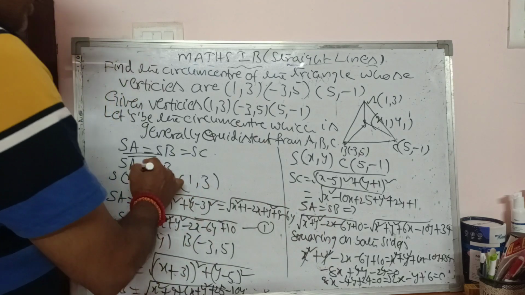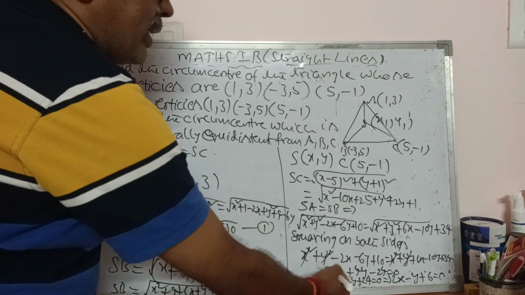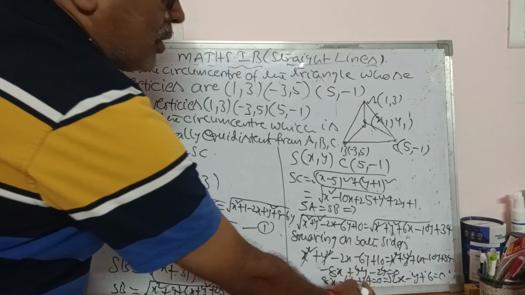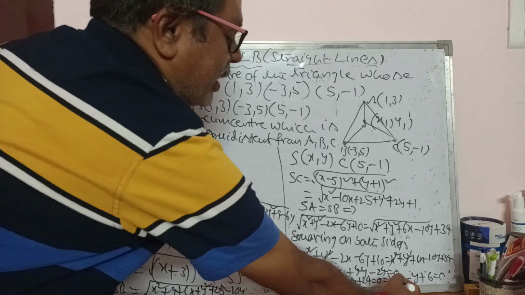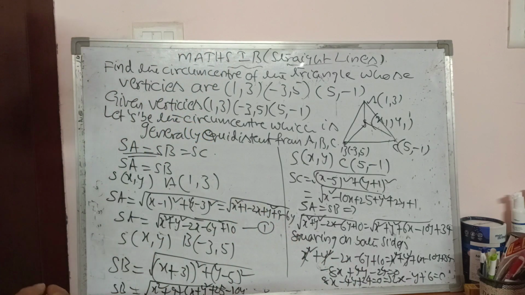We are making first SA and SB equal. Therefore, on squaring both sides, we get the equation 8x minus 4y plus 24 equals 0. Taking 4 as the common factor, we will get 2x minus y plus 6 equals 0. Let it be equation 1.